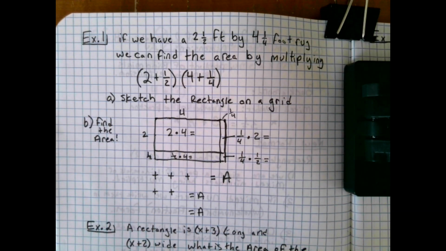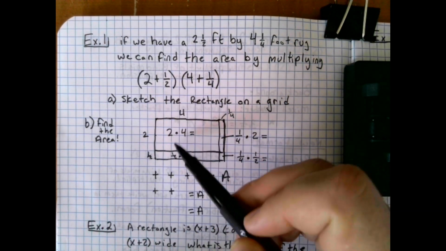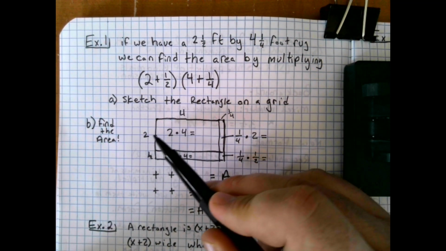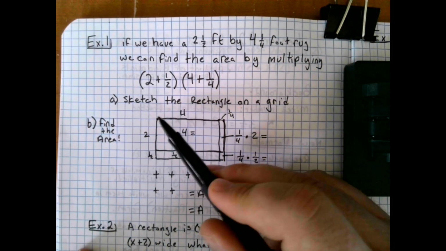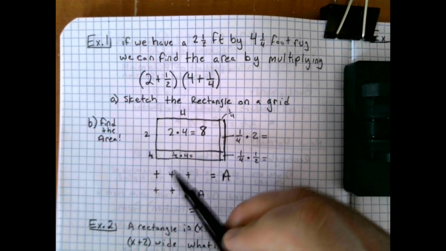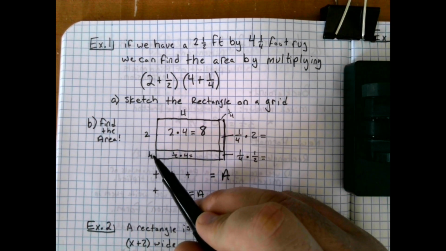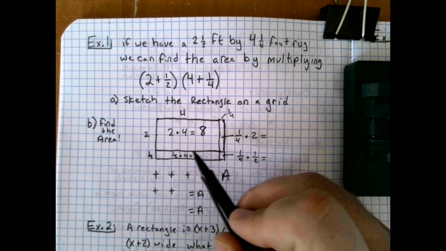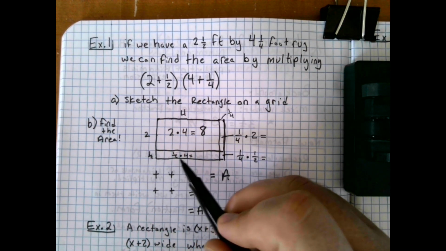Now, to find the area of this big box right here, it's pretty simple. It's 2 by 4, because this 2 is the width and this 4 is the length. So 2 times 4 is 8. Now here we have a rectangle that's 1/2 as its width and 4 as its length. So our area for this box is half of 4.